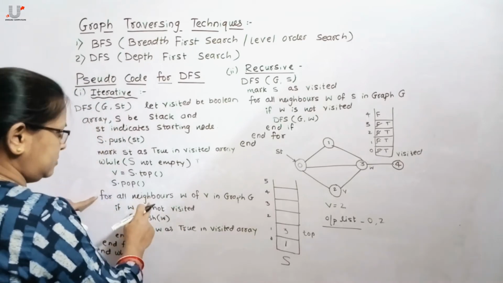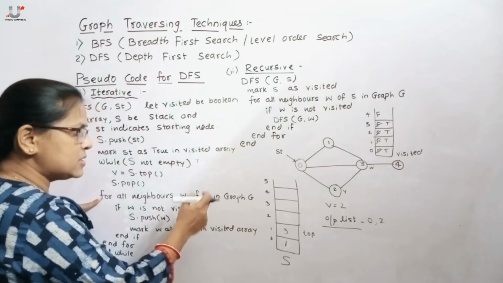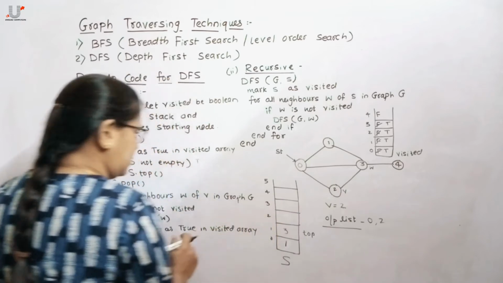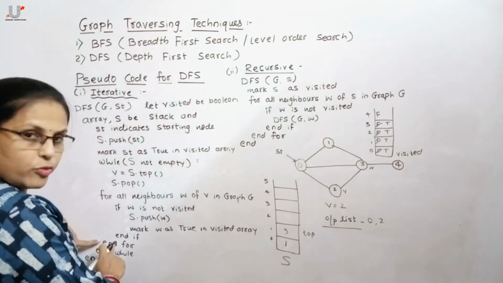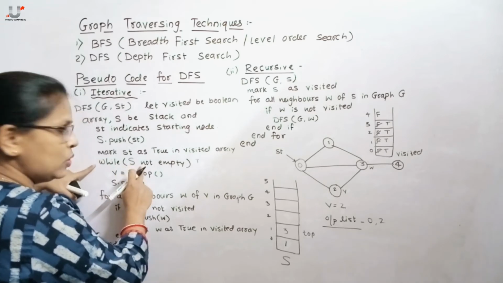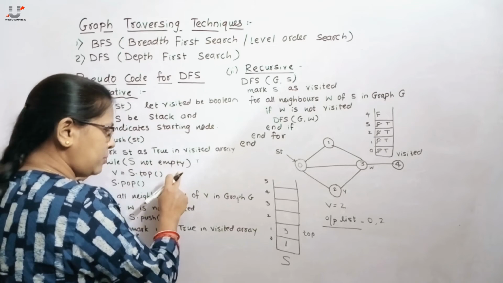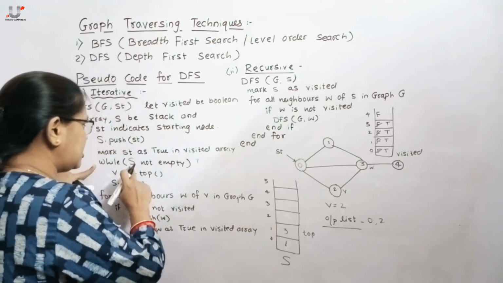Again check, is any neighbor of this v still remaining? No, then pop that. Then exit from the for loop and control will move to the while loop. Is the stack not empty? Yes, currently there are 2 elements, so the stack is not empty.